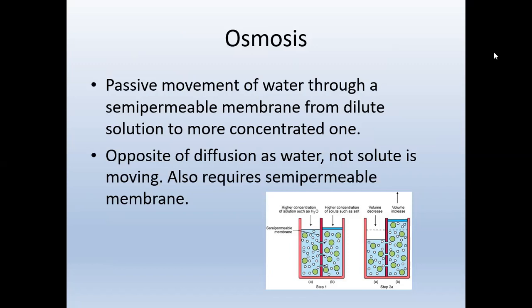What do I need to do to dilute out that salt water? Add more water. That's exactly what we're talking about here with osmosis. So don't get hung up on the gradient. Gradient from high to low is only movement when we're talking about diffusion. That's it, only diffusion. Nothing else is specific for that high to low. And in this case, we're not moving molecules, we're moving the fluid.